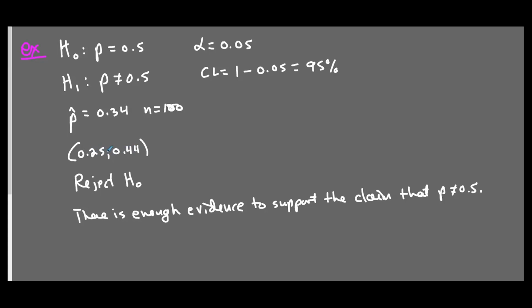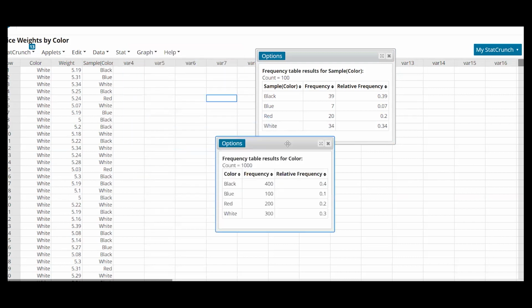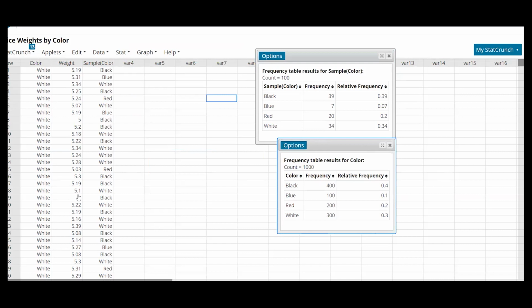So the confidence interval worked, and it's not equal to 0.5, right? So this is a case where I could actually check to see if our confidence interval or hypothesis test actually worked. So we're pretending that we don't have this entire data set, that we are just scooping dice out of the bucket, and we can figure out something from the sample.